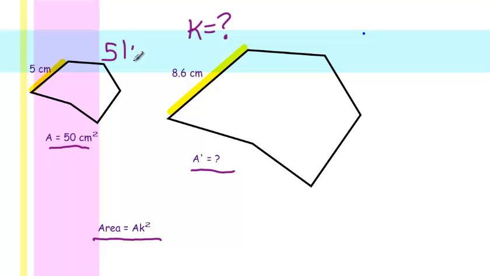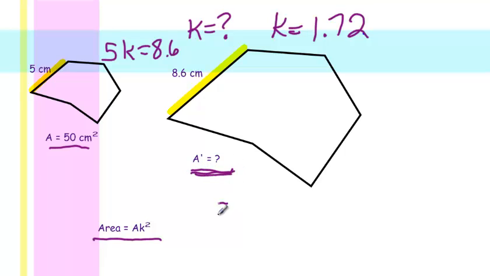So 5 times my K is going to be 8.6. So if I do 8.6 divided by 5, K equals 1.72. Now I can find my new area.